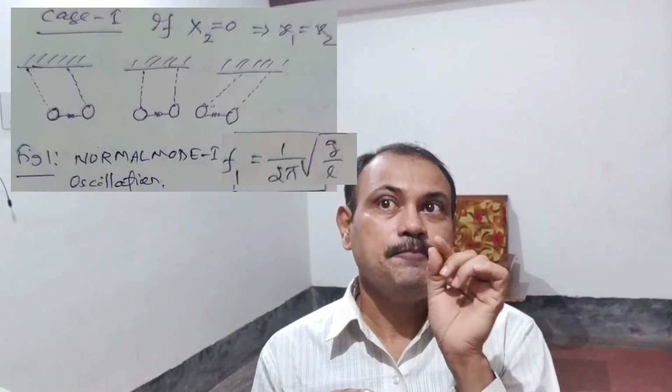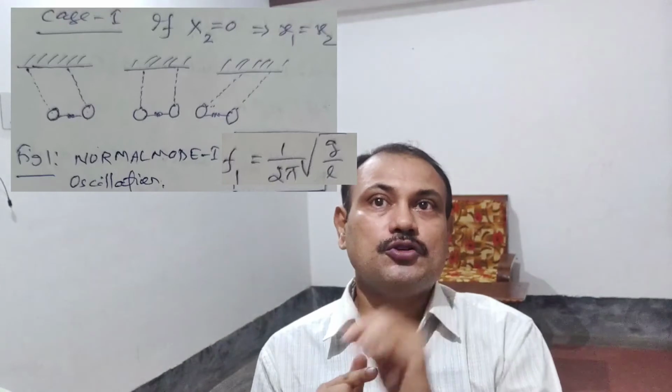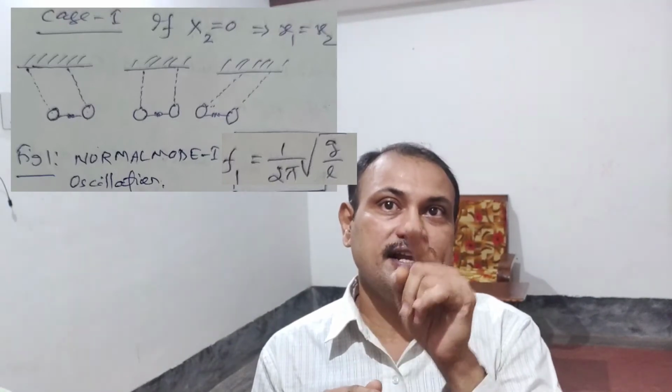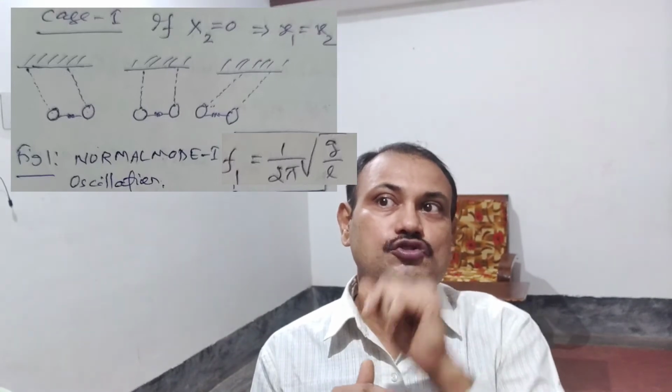Now we can see the physical situation of this problem by selecting that the displacements are equal, and that the displacements are exactly opposite to each other. Nevertheless, the displacements can take various values, but we will discuss only two extreme cases. The first case is where small x1 and small x2 are exactly the same. That means capital X2, which we have taken as x1 minus x2, is equal to 0.